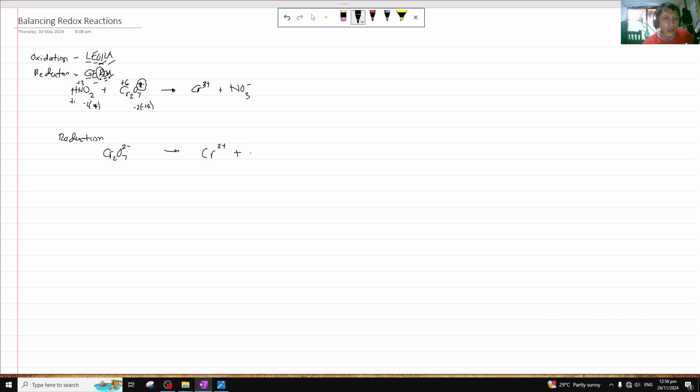Since there are 7, we will put 7 water molecules. And then for every hydrogen, you balance it on the other side. So here we have 14, so you must put 14 H plus. So this is actually the acid, H plus.